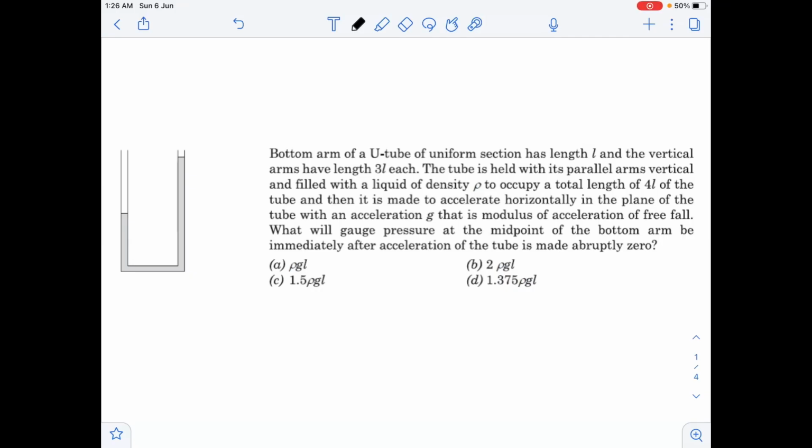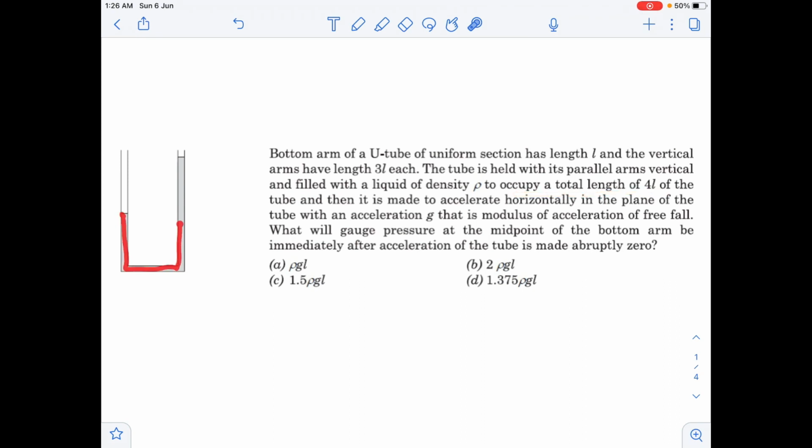In today's question, we have a U-tube of uniform cross section whose bottom arm has length L and vertical arms each of length 3L. The tube is held with its parallel arms vertical and filled with a liquid of density rho to occupy a total length of 4L.